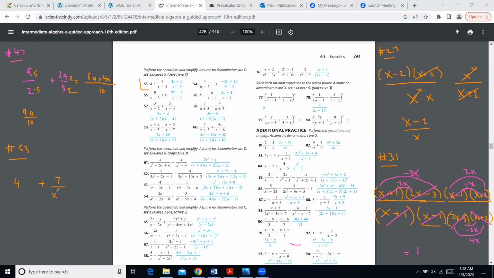I need the same denominator, which is going to be x minus 3. That's the only choice we have. So what we always do is multiply and divide by that same denominator, x minus 3. This doesn't change my number 4 because this could always be canceled, but I don't want to cancel it. I want to add those two pieces together.